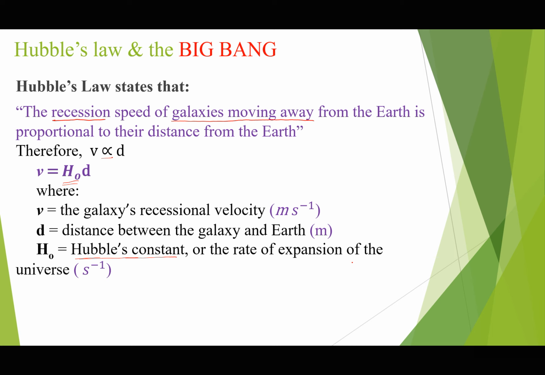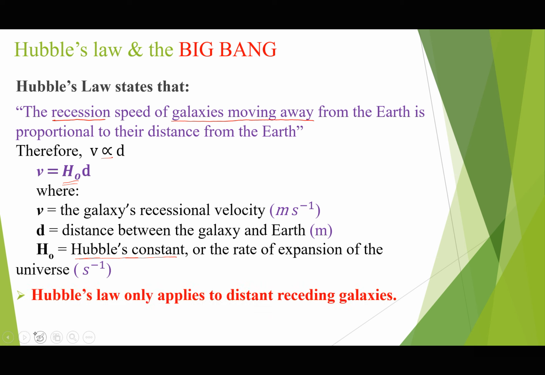One important thing you need to notice is that I have not mentioned stars or any other object, but I've mentioned the galaxy, because Hubble applied this only to galaxies, because these were bigger, and the distances were large enough for this law to be valid. That's why I'm saying Hubble's law only applies to distant receding galaxies.